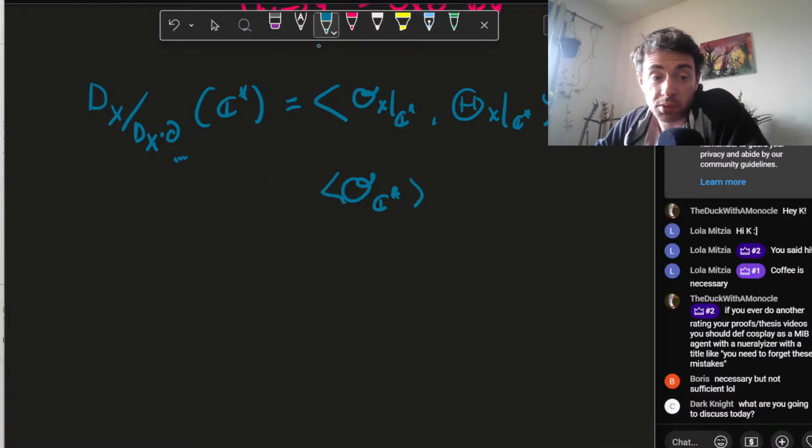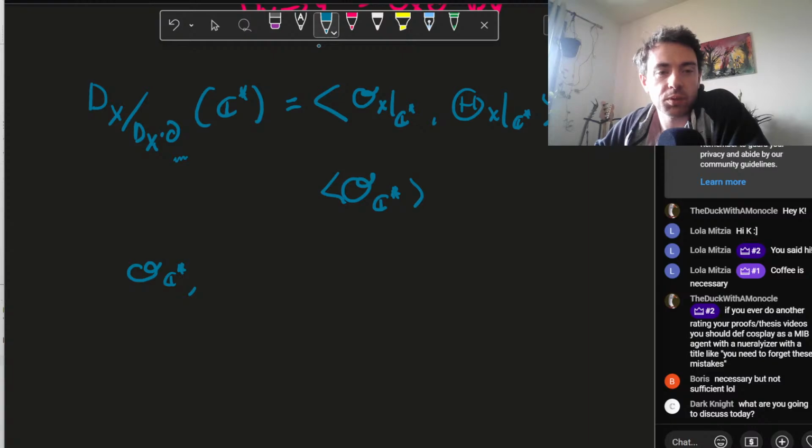And if you remember, we did do the calculation where we talked about having O of C star as a D module. And how was that D module defined?